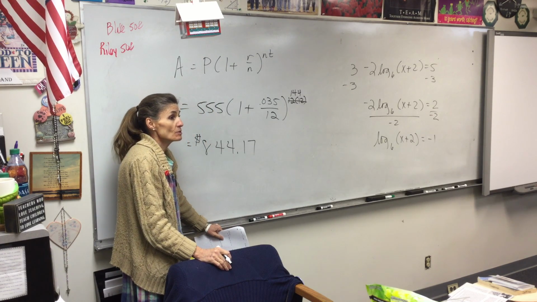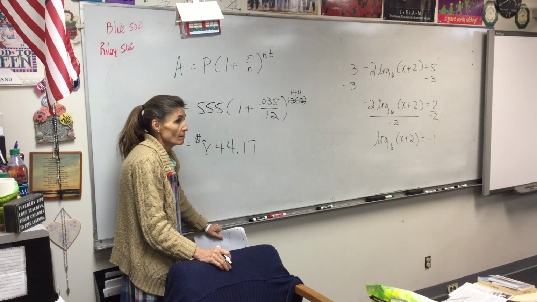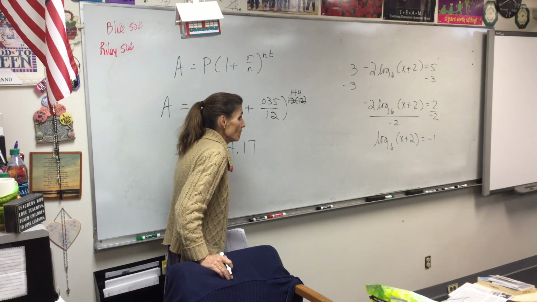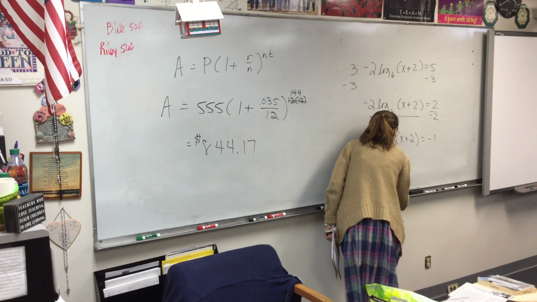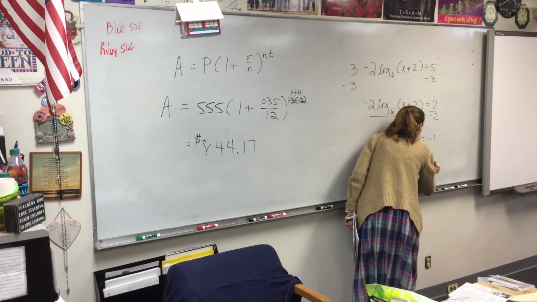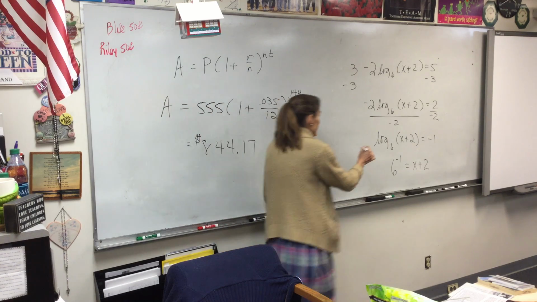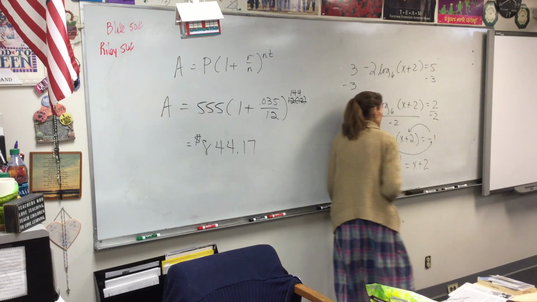Now here comes, you know how to do this, you just might not think of it. Guess you multiply by 6 to the first. There we go, Erica. 6 to the -1st equals x plus 2.